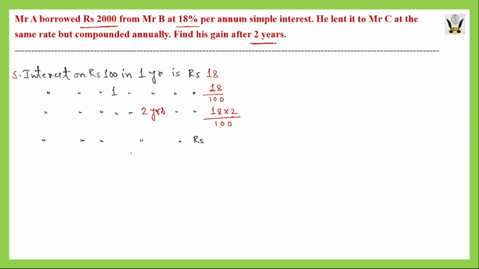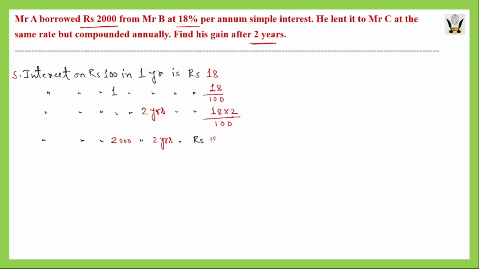Now when the principal amount will be this time rupees 2000 instead of 1, and the time frame is the same, that is 2 years, it will be whatever interest we were calculating for 2 years for 1 rupee. Then since the principal amount has been increased from 1 to 2000, this amount will also be increased 2000 times.